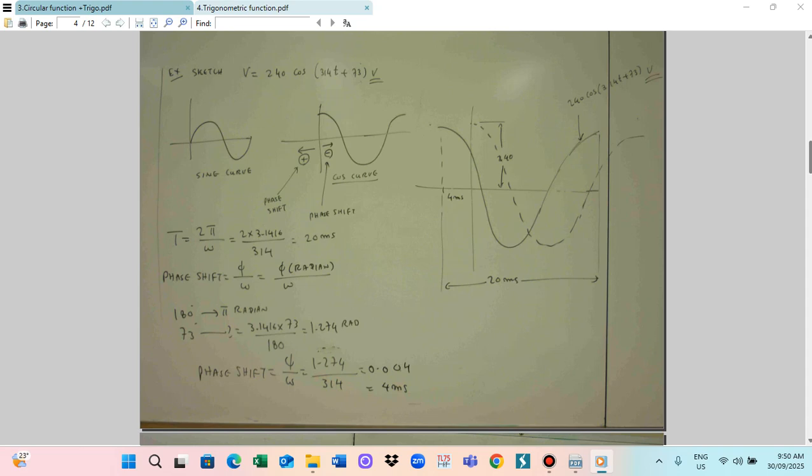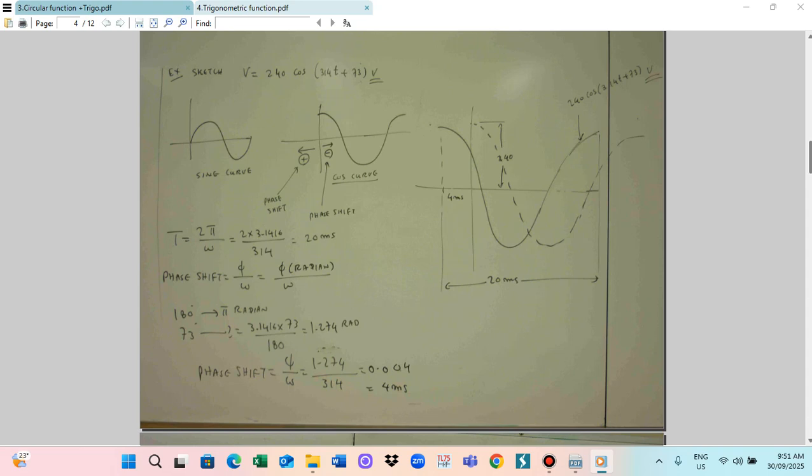So 1.274 radians. After 1.274 radians, we substitute into the phase shift. The phase shift is equal to φ by ω. So 1.274 divided by ω, and we already calculated ω is 314. Next we get the time, and the period is 20 milliseconds.